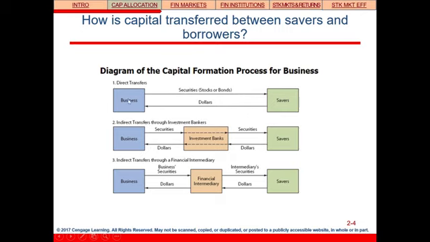The second type is indirect transfers through investment banks. You see, in this process, investment banks are in the middle. But investment banks don't really do any asset transformation. They just help the process become smoother, or help reduce the transaction cost. But they don't really do anything tangible. What I mean is that the securities that come from business to investment banks are exactly the same as the securities that come from investment banks to savers.